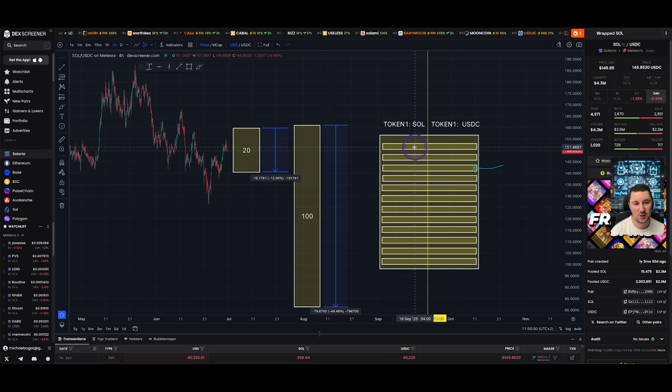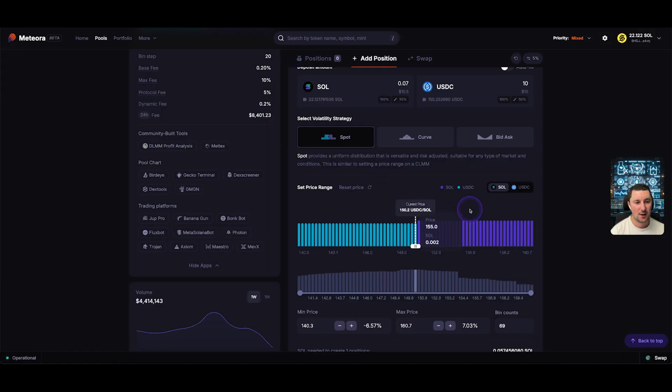So this is actually how it's working, and this gives you more flexibility on the other side. Because you can decide if you go one-sided or two-sided, and you place your liquidity how you actually want.